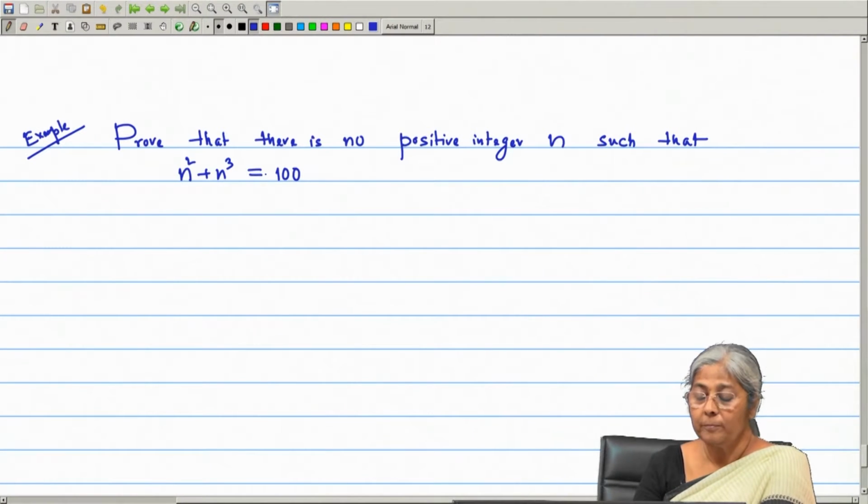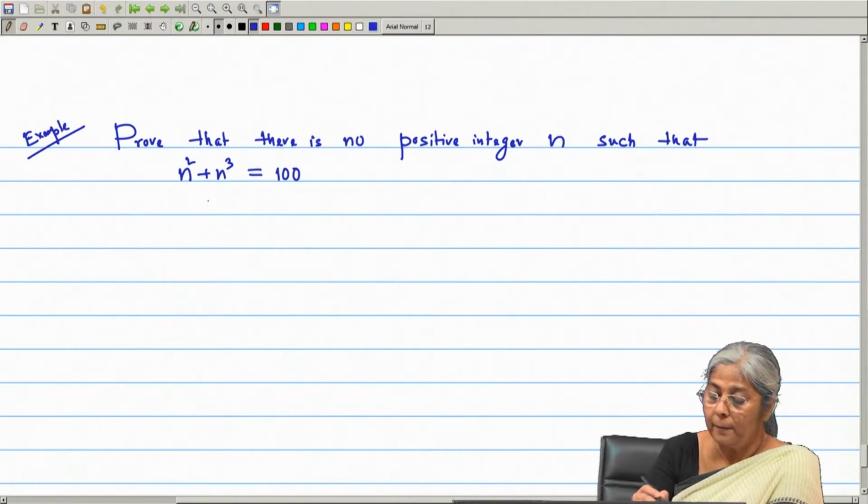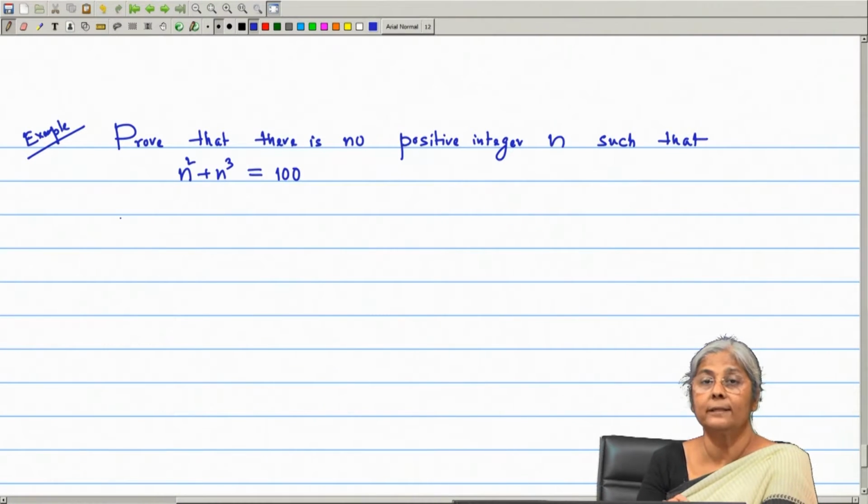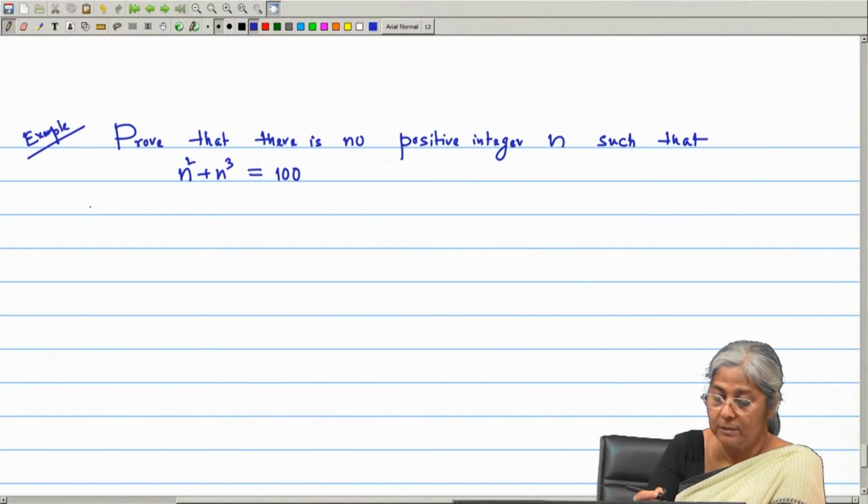How to prove this? See, I can prove this in two ways, very simple ways.